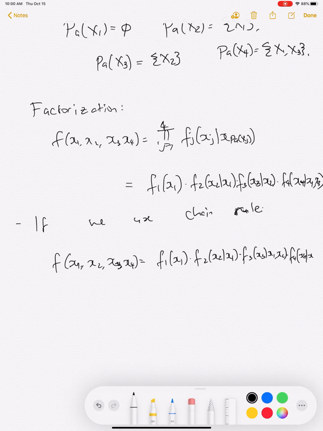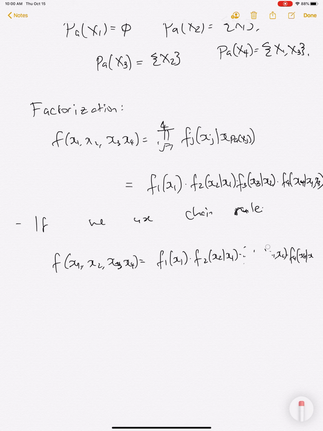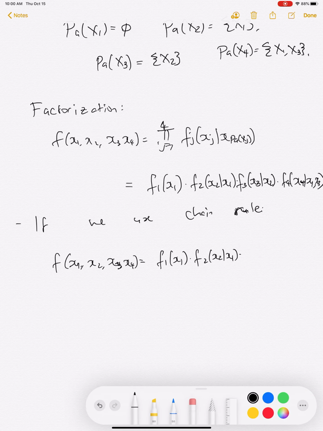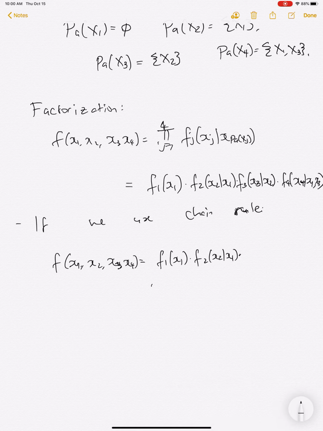Sorry, I'm going to split it up. I'm going to multiply it by f3 of x3 given x1, x2, and then f4 of x4.